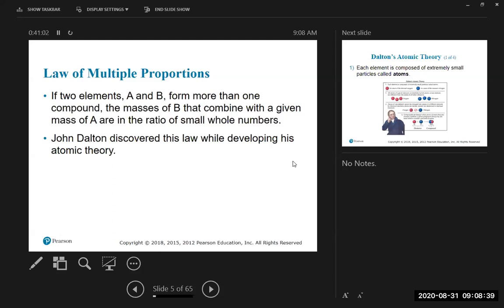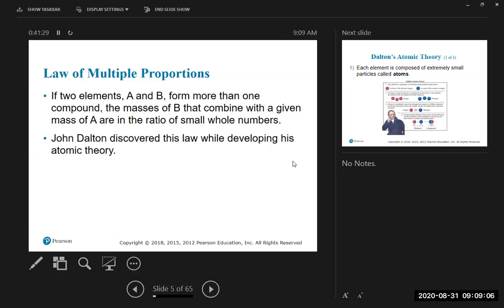So going back to the water example, we always say H2O. It's never one H and half of an O. So in other words, you can't have half an O. It has to be a whole O. So then it becomes H2O. And that's what this is saying, that the ratios in that molecule are always whole numbers. It's never half a number or something like that.